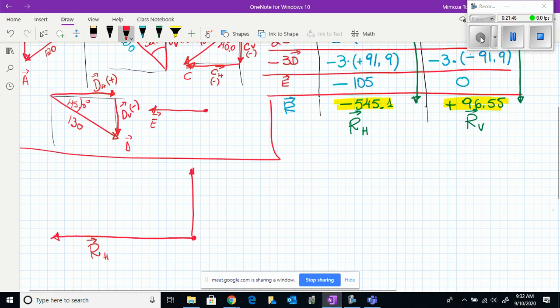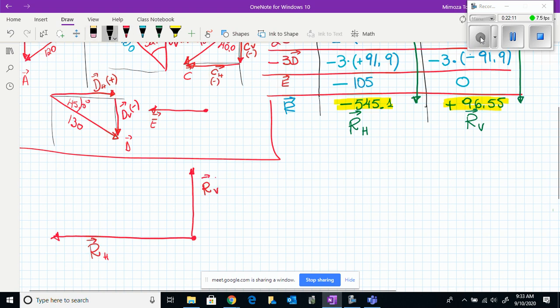So when you are in doubt whether it is going east or west, just attach it to the north, east, south, west axis, the X and Y axis, and then see which one is positive and which one is negative. So this is the vertical component of the resultant.